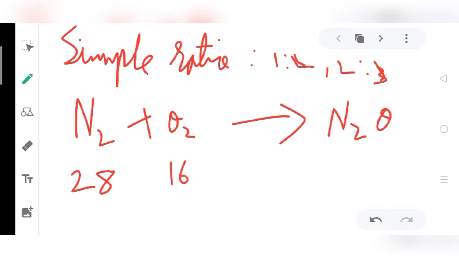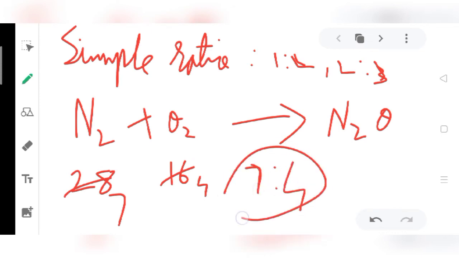If we simplify 28 and 16, it forms a 7:4 ratio. So it's not an example for the law of multiple proportion.